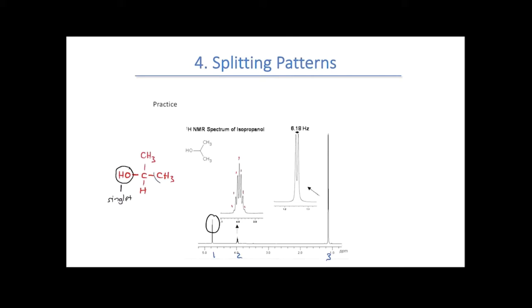And then looking at my CH3 groups, they have 1 neighbor, that's CH. So since they have 1 neighbor, they will give me N+1 signals. N+1 signals means I will see 2 peaks or split into 2 peaks in the NMR spectra. So that will be a doublet. Which means this signal close to 1 has to be both of the CH3 groups.